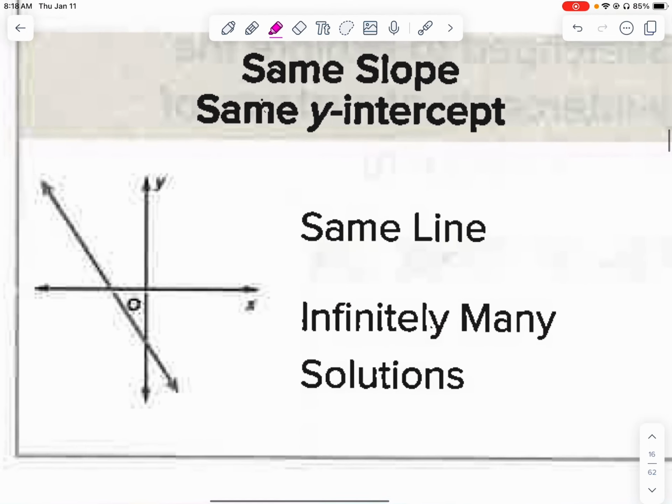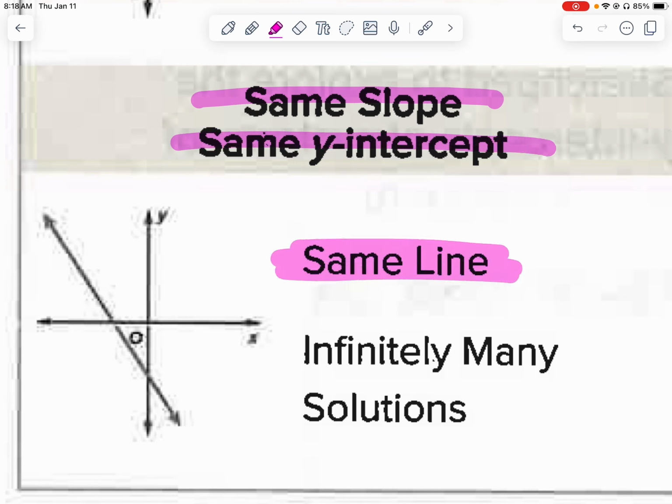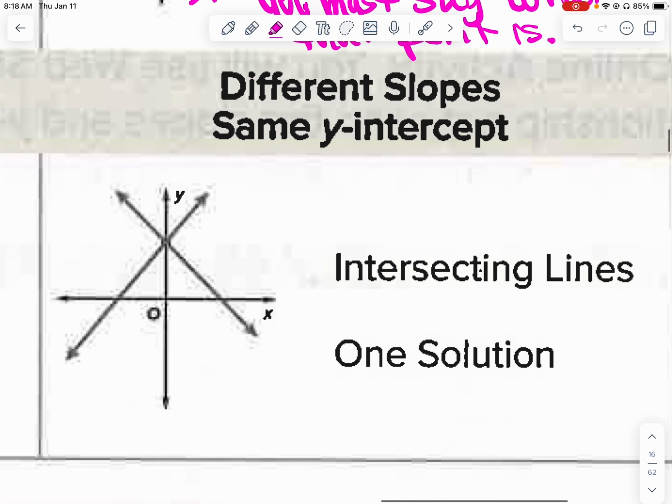Over here, if they have the same slope and the same y-intercept, it's the exact same line. So you have infinitely many solutions or infinite solutions. Okay, over here, if they have different slopes and they have the same y-intercept, they're intersecting lines, there's one solution.